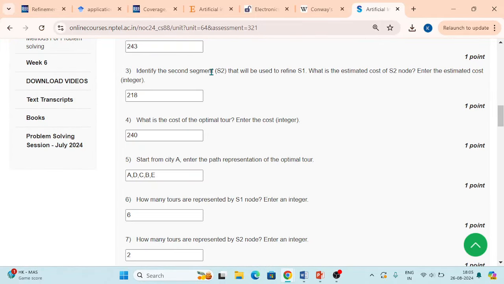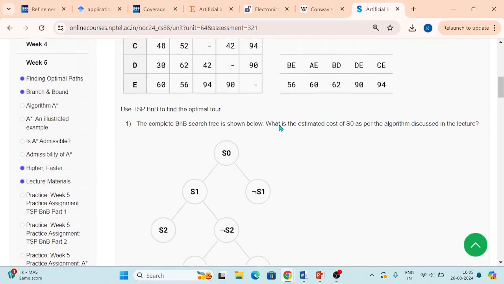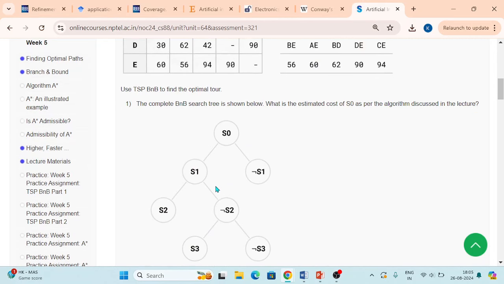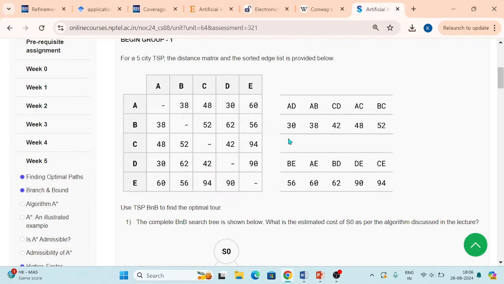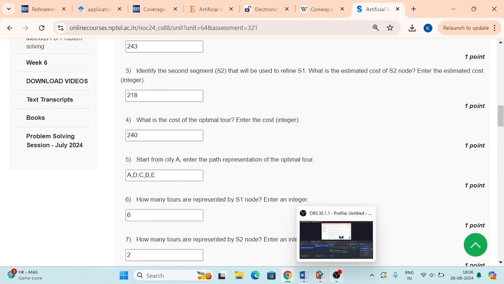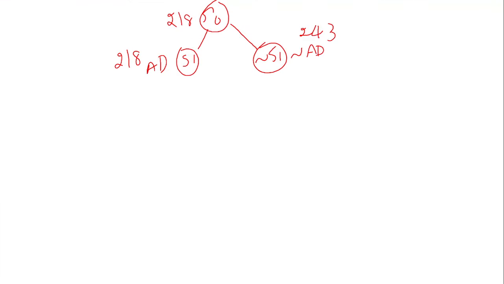Next, identify the second segment S2 that will be used to refine S1. What is the estimated cost of the S2 node? Whenever we are considering S2, the next minimum is AB, 38. So S2 is AB and not S2 is not AB.